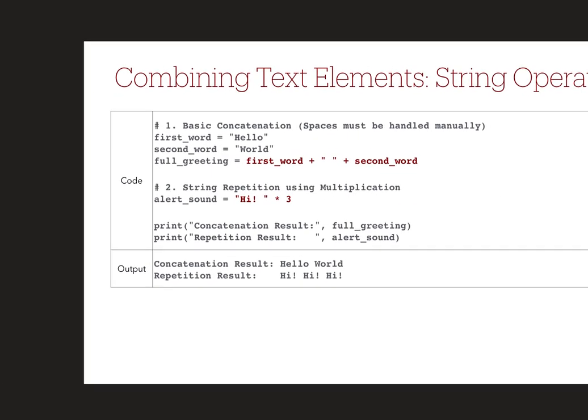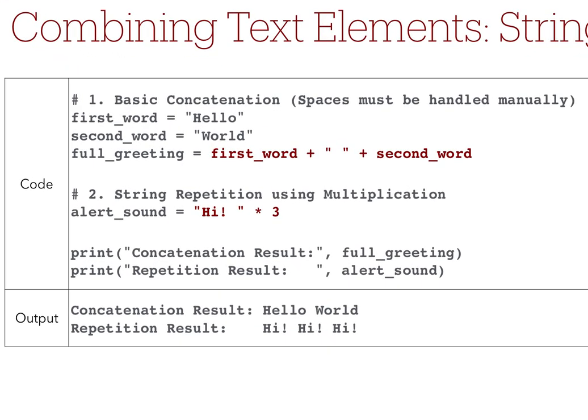As an example, if the first word is hello and the second word is world, then when you add them, this addition will actually concatenate these character strings. And when you multiply a character string with an integer, that is the same as this "hi" character string plus one more "hi" plus one more "hi".